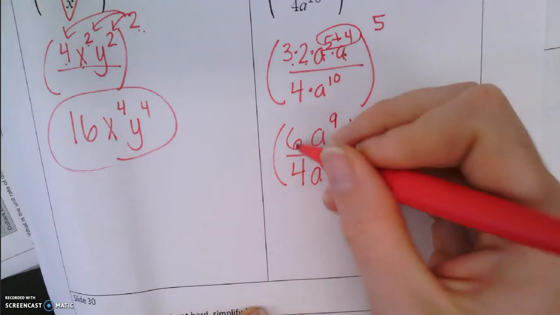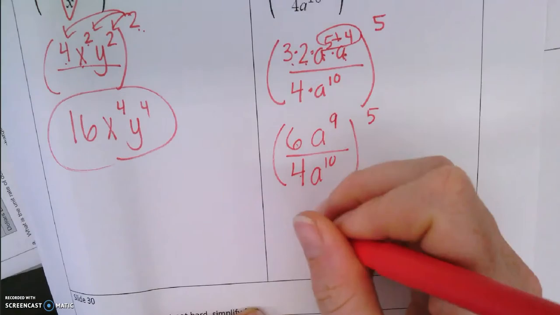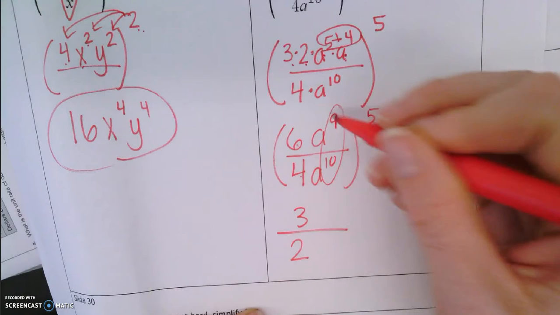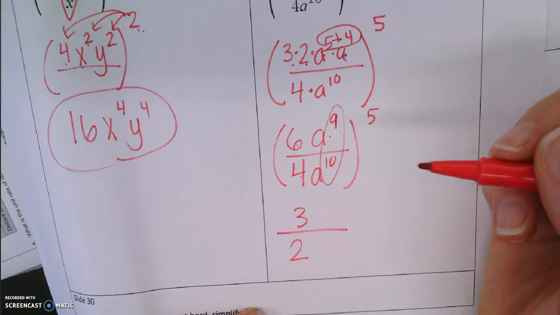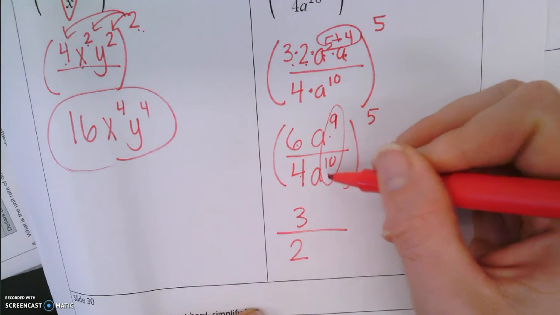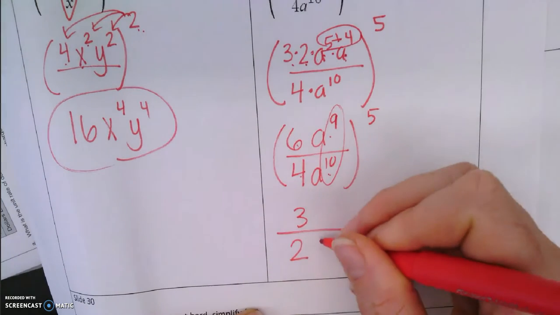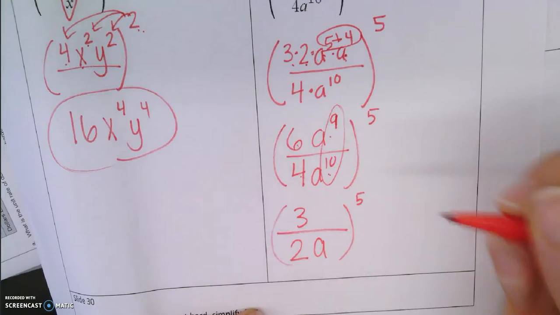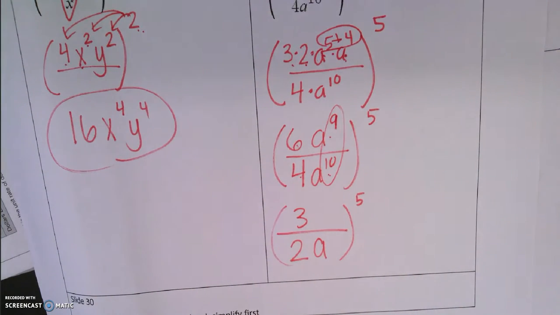6 over 4. What goes into 6 and into 4? Well, they're both even, so this becomes 3 in the numerator and 2 in the denominator. This is a quotient of powers, so notice I have one more factor of a in my denominator, so I have a, or a to the 1st in the denominator, and it's all to the 5th power. Wonderful.